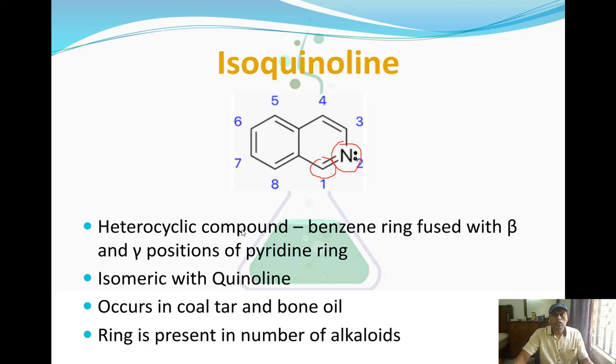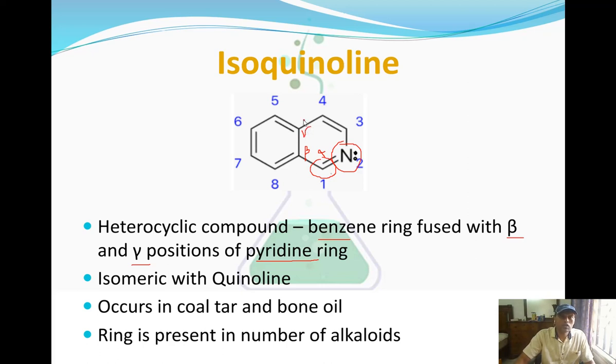It's a heterocyclic compound with benzene and pyridine. They are fused, but they are fused at the beta and gamma positions. So this is the nitrogen position here. This carbon is the alpha carbon, right? This carbon is the beta carbon to that nitrogen, and this carbon is the gamma carbon to that nitrogen.